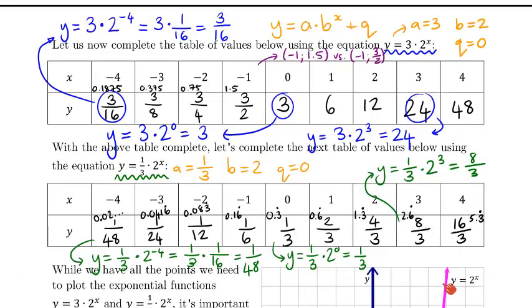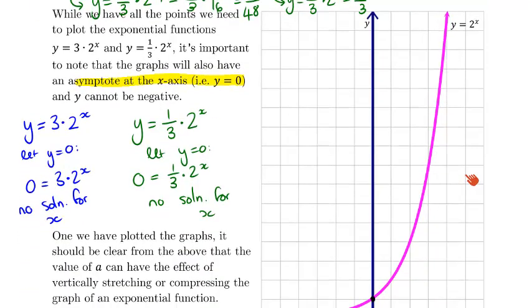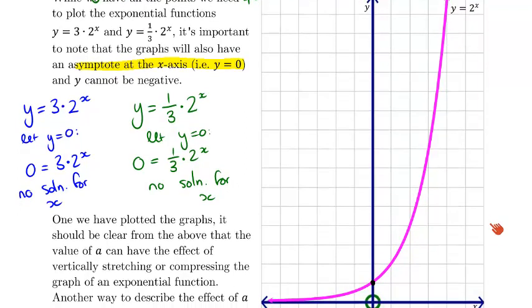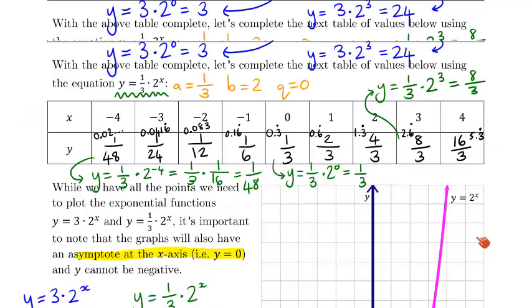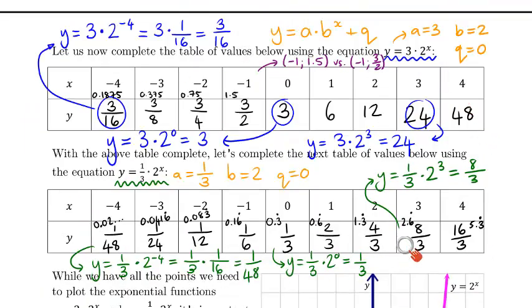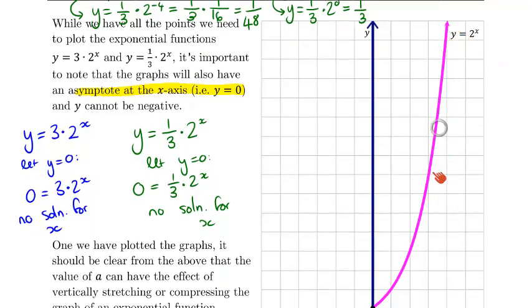Let's take these points now. Let's plot them on our Cartesian plane over here. Please notice that our Cartesian plane already has y equals 2 to the x on it, okay? And when we plot these new functions, we're going to see how this a value messed around with what the classic version looks like.